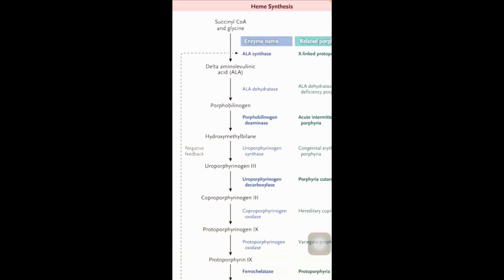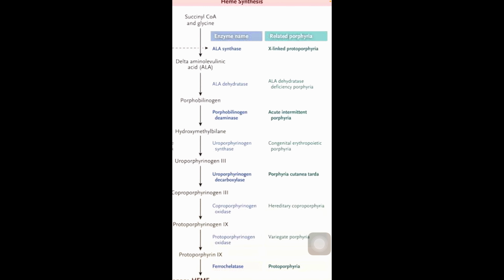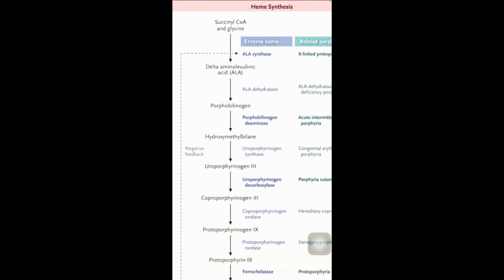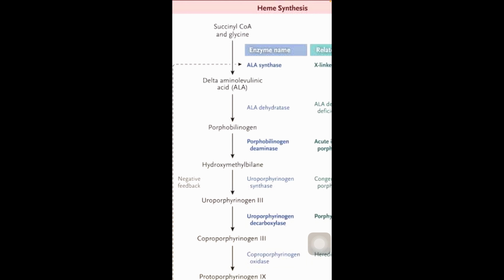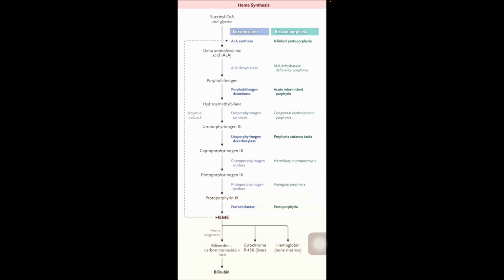And if the patient has acute intermittent porphyria and porphobilinogen deaminase is deficient, that means porphobilinogen is backed up. We have lots and lots of that, and we cannot proceed down the line. So this is one way they love to ask. And again, they love to ask about the cofactors and all that.